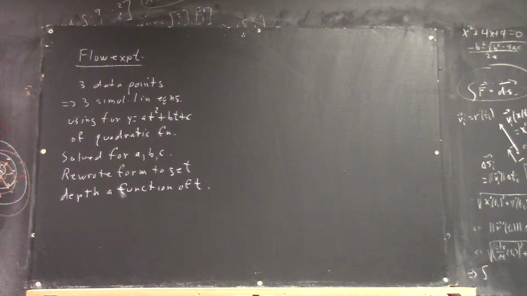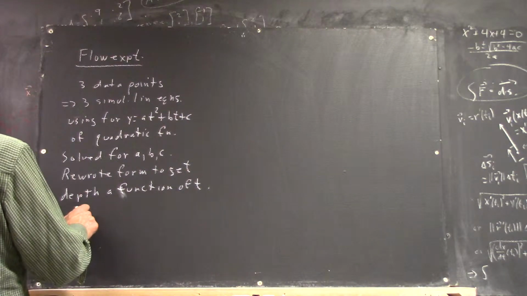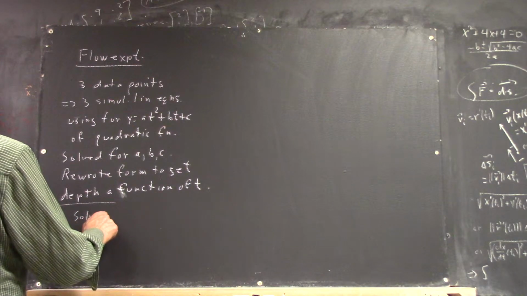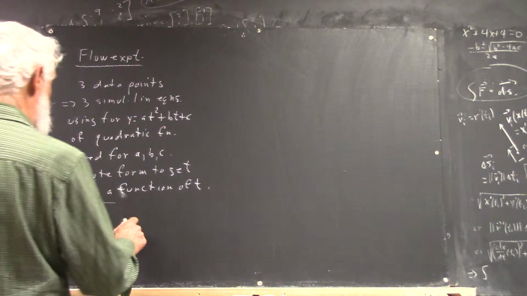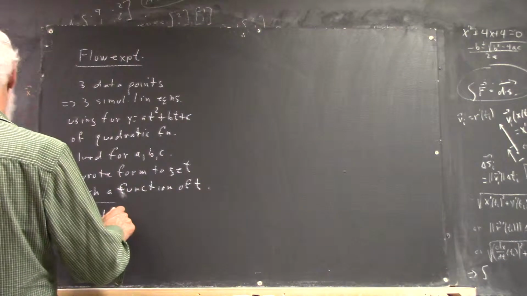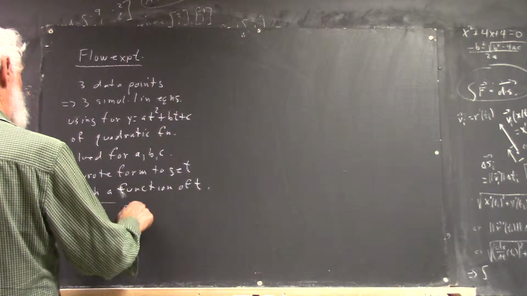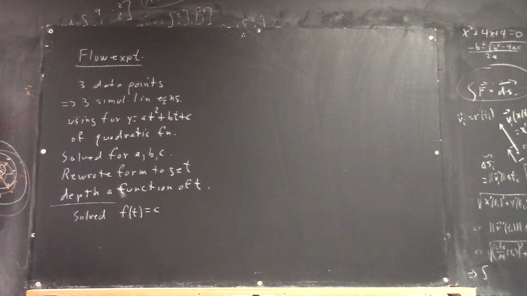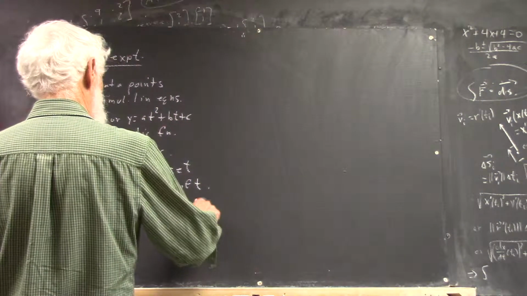Then we answered questions about it. We solved f of t equals c, which corresponds, of course, on the graph.